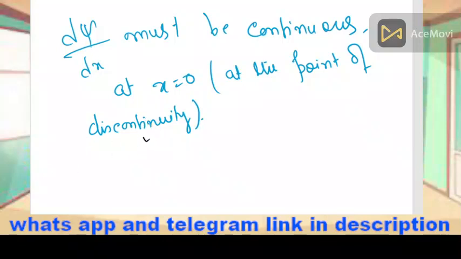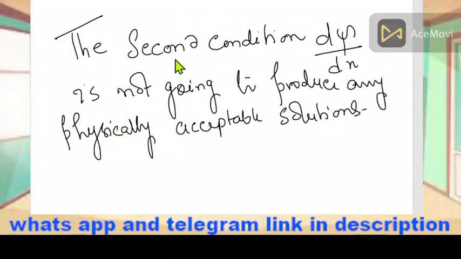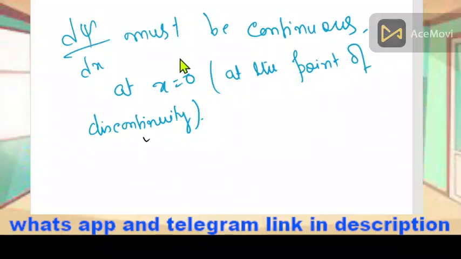We need to understand what that physical significance is. Now this second derivative condition is not going to give us any very important physical condition, and we will see why it is so.